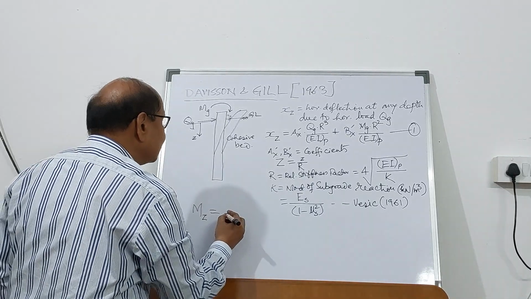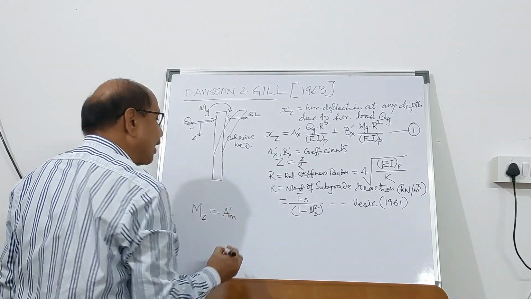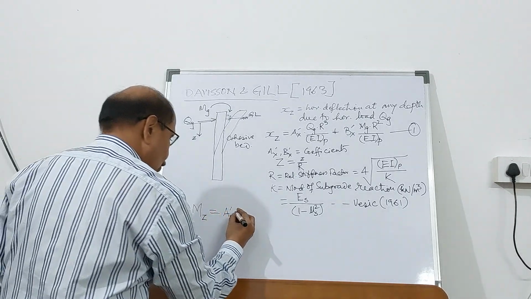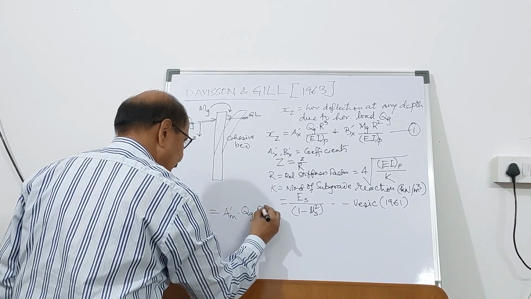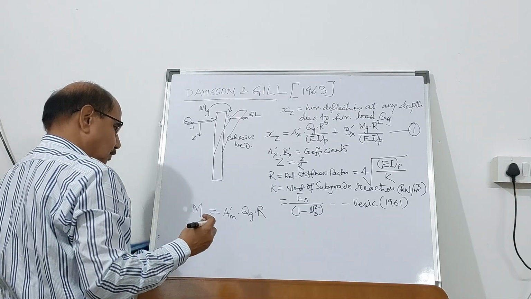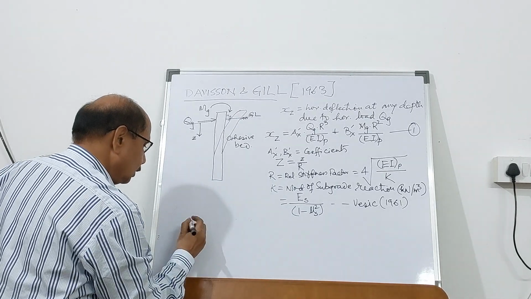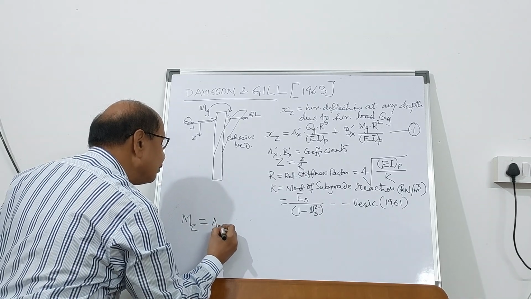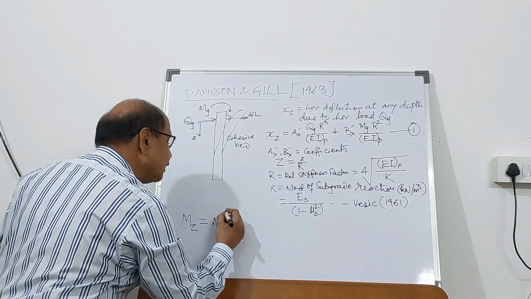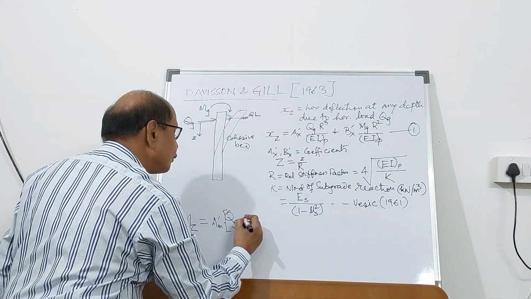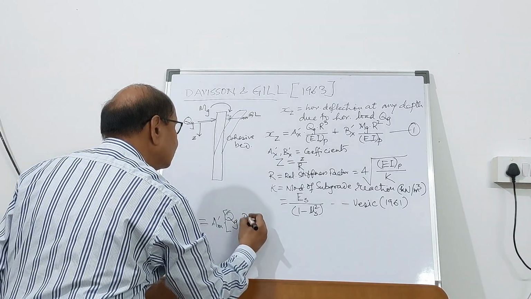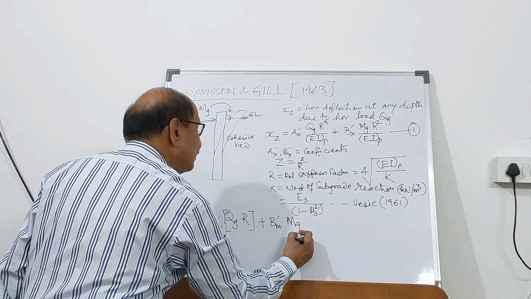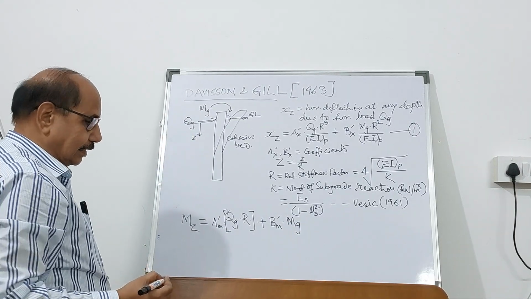This Mz is given as a coefficient for moment Am prime, which is again a function of capital Z, into Qg multiplied by R, plus, I will write it a little below, this Mz, moment along the pile length, is given as Am prime coefficient into Qg multiplied by the value R, plus another coefficient, that is Bm prime, into the external moment applied at the ground level, Mg.